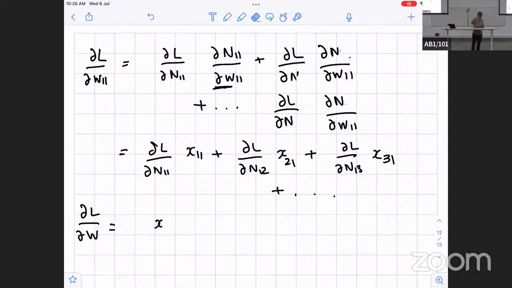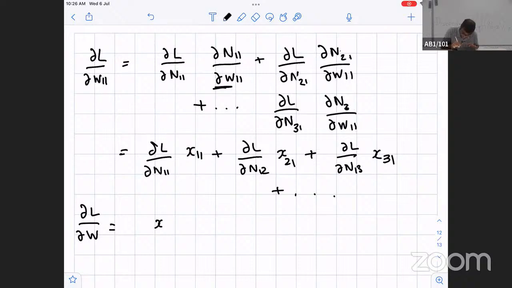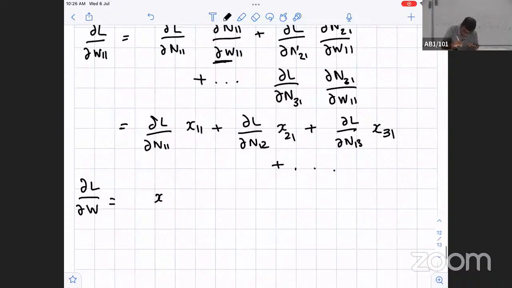I said first column, but when I wrote something else, right? So you're right. Good. x21, x21, x31. Okay. So same way over here, like this.